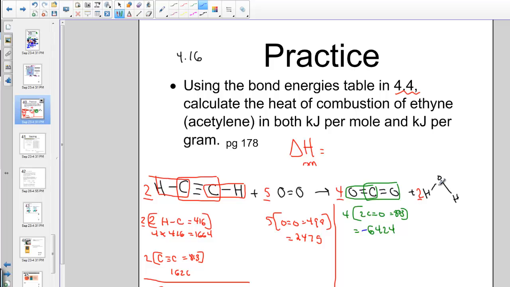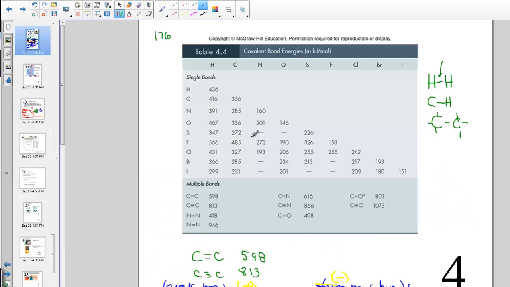What's going on over here with the water? Well, in each water molecule, I have 2 OH bonds, right? So I have the coefficient of 2, and in each molecule, I have 2 O single bond H. And what's the value of O single bond H? 467, it looks like.